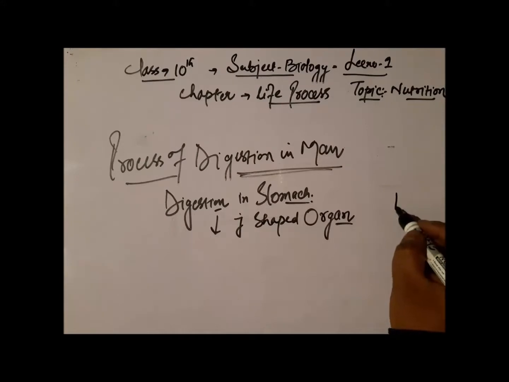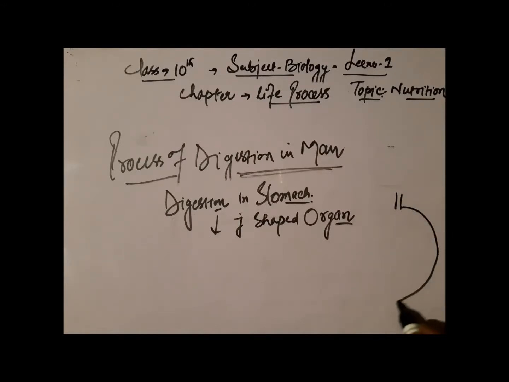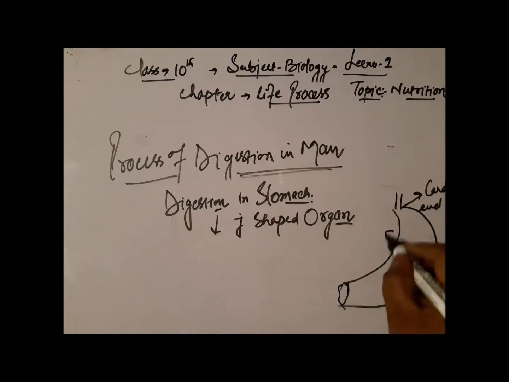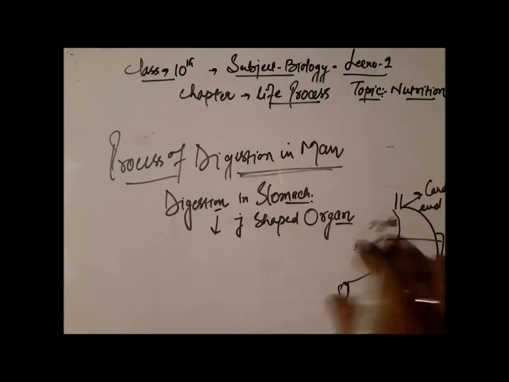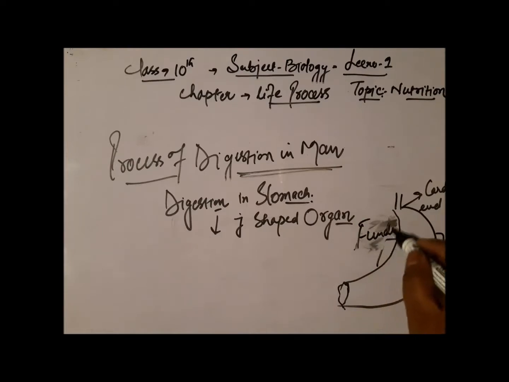If we draw a little diagram of the stomach, it is a J-shaped organ and it has three parts. This one is called the cardiac end, this one the fundus, the mid part, and the third one is called the pyloric end, which is connected with the intestine.